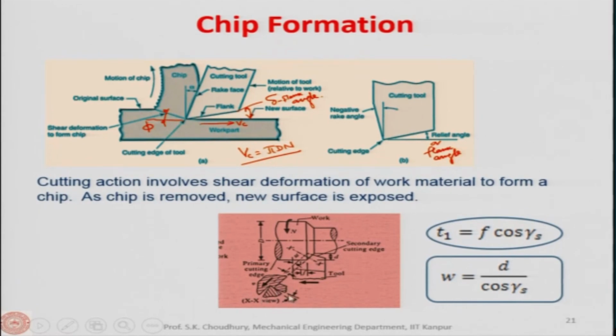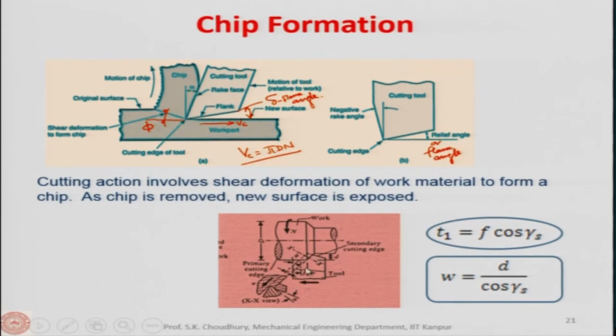In this view, this is the rake angle, the same rake angle that I have defined, and this is the flank angle, the same flank angle. Now, the difference between these two lines, which are different points of the tool in one revolution of the workpiece, is the feed.